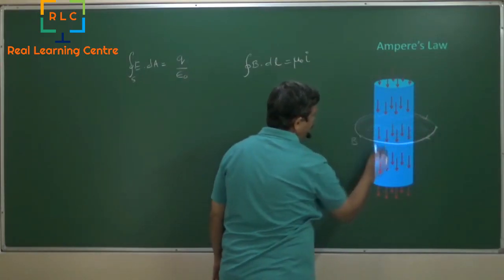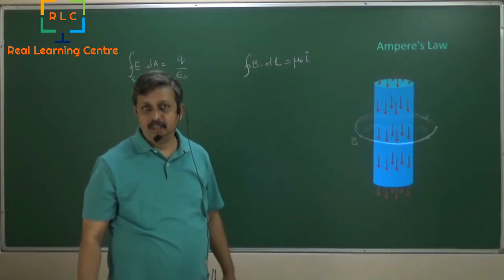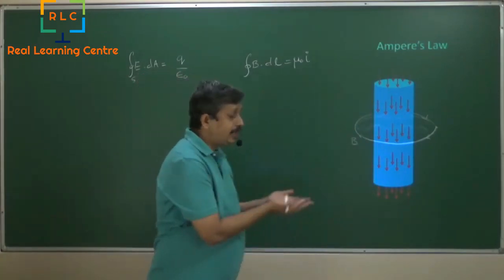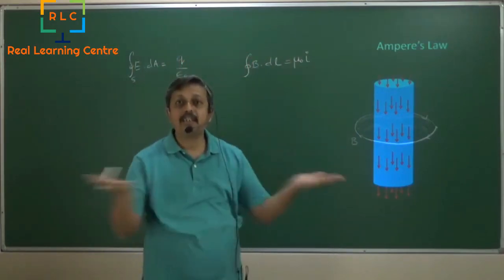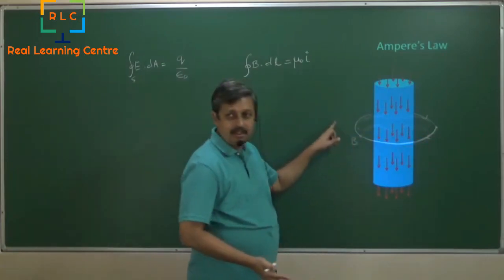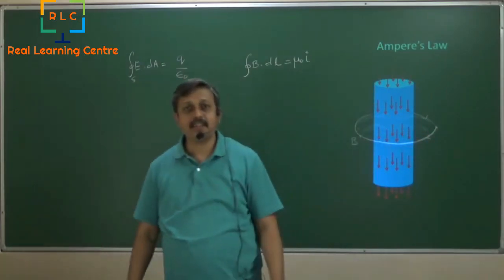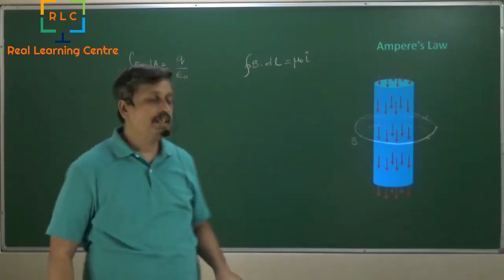So we are taking one open surface, in the sense that it is not a closed surface, it is just a surface. And that surface has a contour, the end of the surface basically, and on that contour we are looking at B.